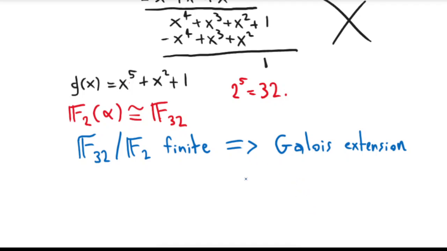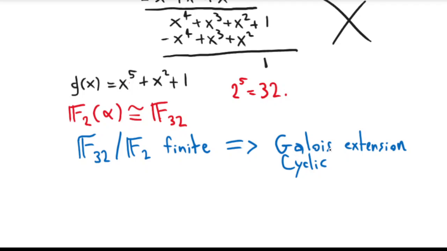And in addition to it being a Galois extension, its Galois group is generated by a single automorphism. In other words, it's cyclic. And again, this is something that's always true for finite fields. If you have a finite extension of a finite field, it's a Galois extension, and it has a cyclic Galois group.